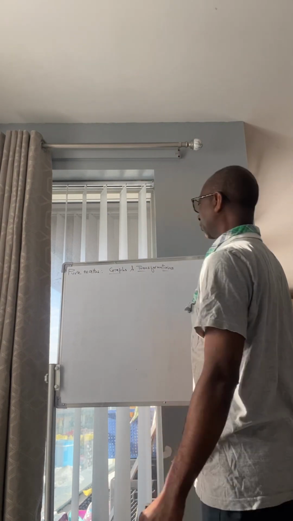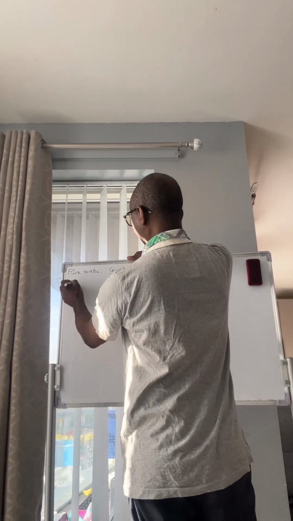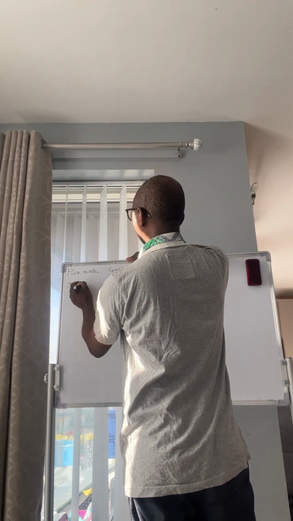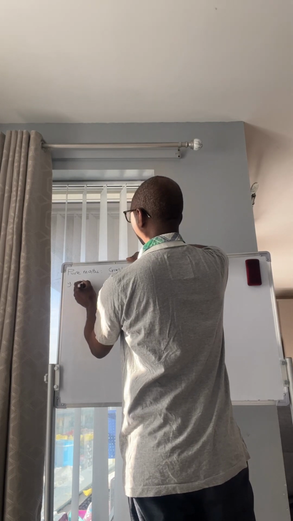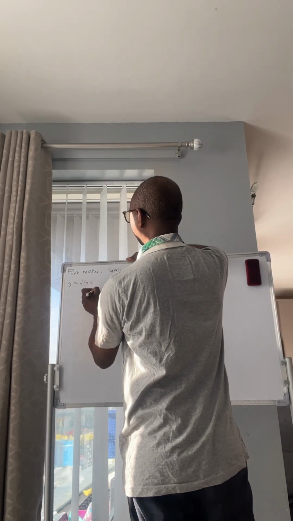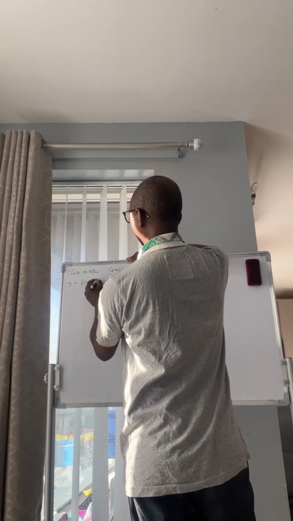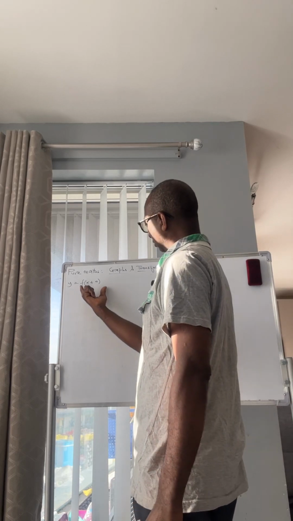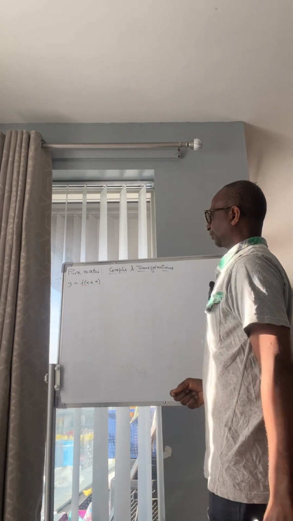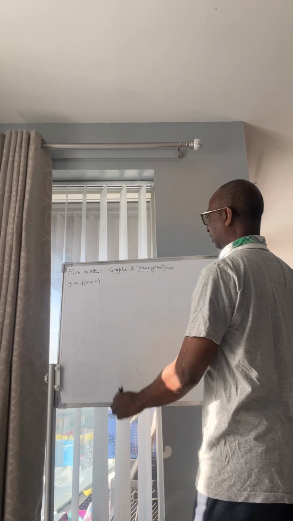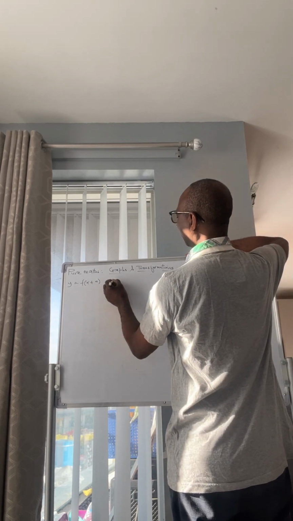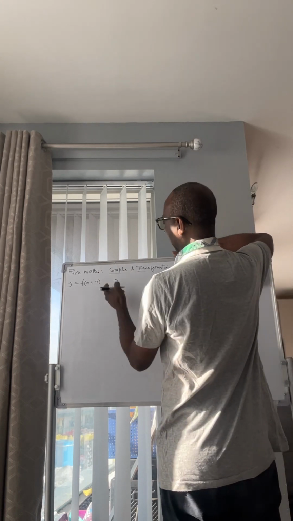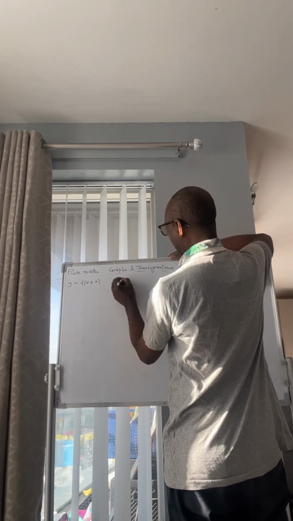The basic transformations we have: y equals f of x plus a. If the function is given to you in this format, where a is a constant, this represents a translation on the x-axis.